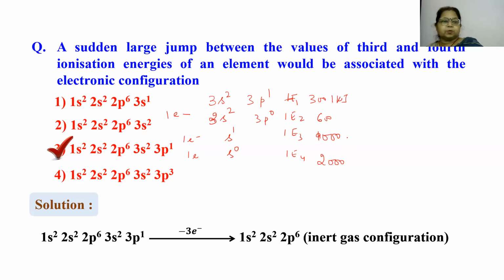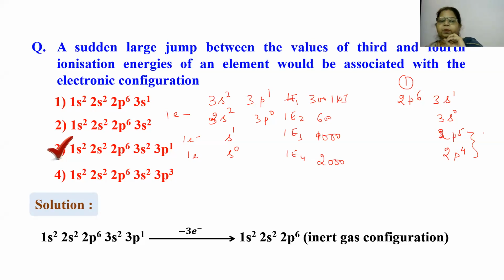Now, if this point is clear, let us explore the other options. If I take the first option, which has 2p6, 3s1, and you lose 1, it will become 3s0. Then it will be 2p5 and 2p4. So in either case, neither 5 nor 4 is exact; they are not exactly half-filled nor exactly fully filled.